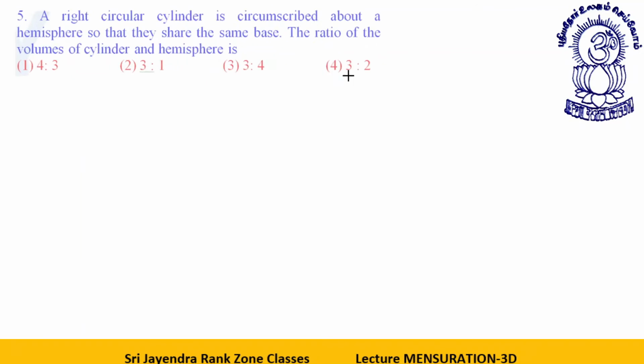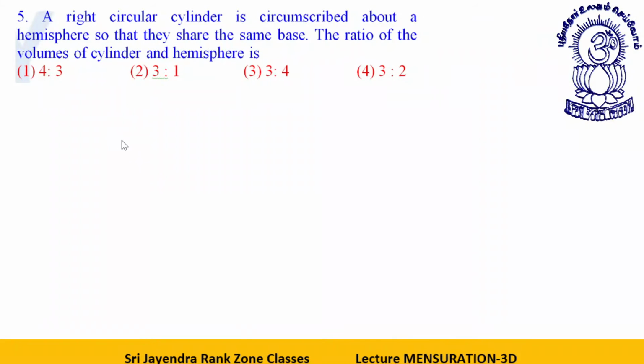Now the next question is very much based on the basics I have taught you. A right circular cylinder is circumscribed about a hemisphere so that they share the same base. The ratio of the volume of cylinder to hemisphere is, you already know, my dear students, cylinder is to hemisphere.